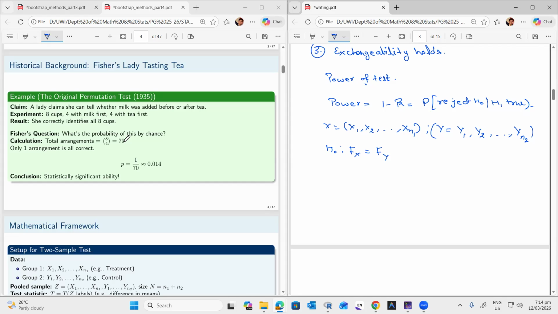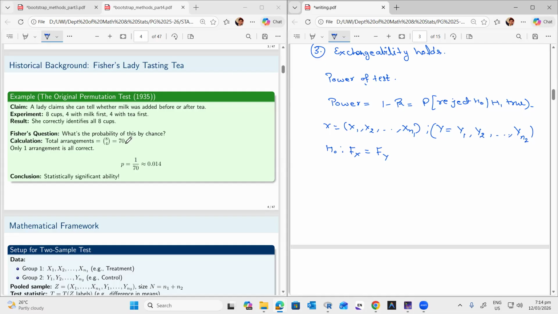The alternative hypothesis in that case was that the lady can identify the order with better than chance accuracy, and the null hypothesis was that the lady is just guessing. Under H naught, her probability of correctly identifying a cup's preparation is exactly 1 by 2, and her overall performance is no better than what would be expected by chance. So that is the basic concept.